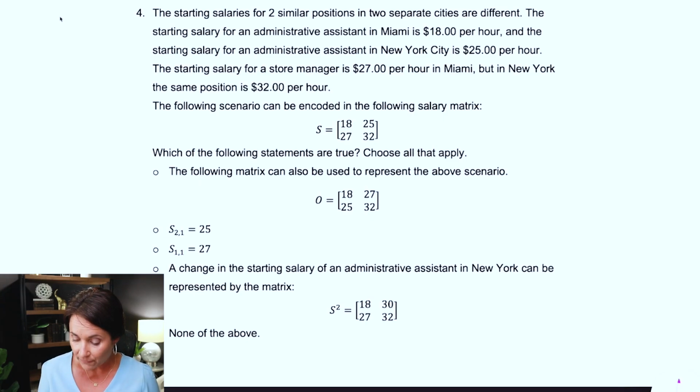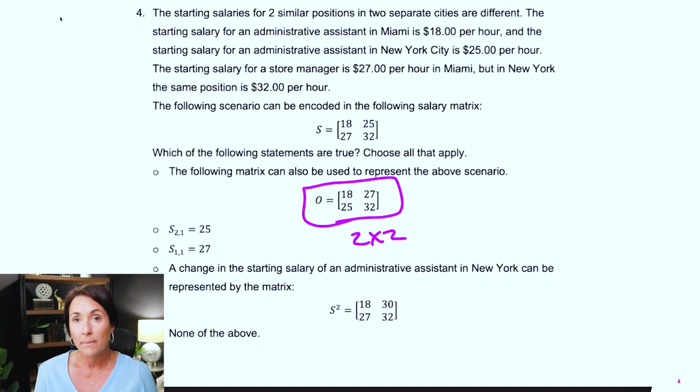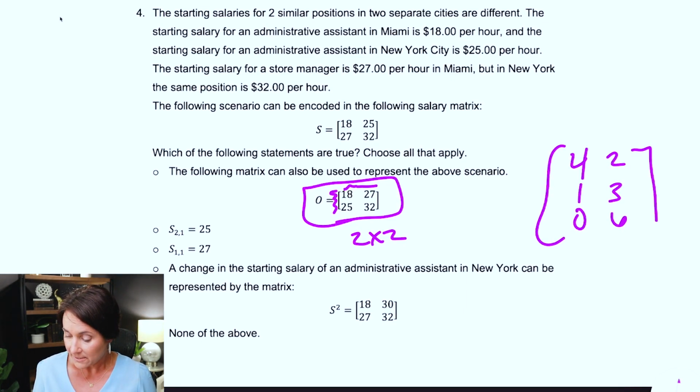So I can see right away, if you see something like this, we're talking about a matrix, all right? And this matrix is actually a 2 by 2 matrix. It has 2 rows and 2 columns. That's how you do it. Something like this is a 3 by 2 matrix because it has 3 rows and 2 columns.